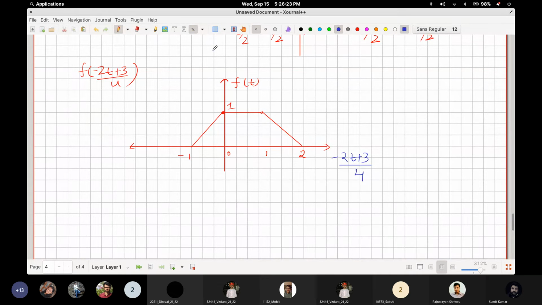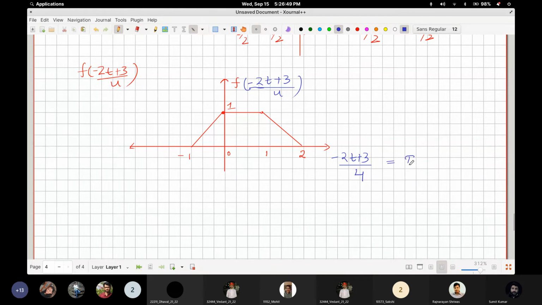Okay, and here instead of f of t, what I will be having now? I will be having f of minus 2t plus 3 divided by 4. Right? T को हमने replace कर दिया, and this is the function that I will get. But I have to plot f of minus 2t plus 3 divided by 4 versus t and not versus minus 2t plus 3 by 4.